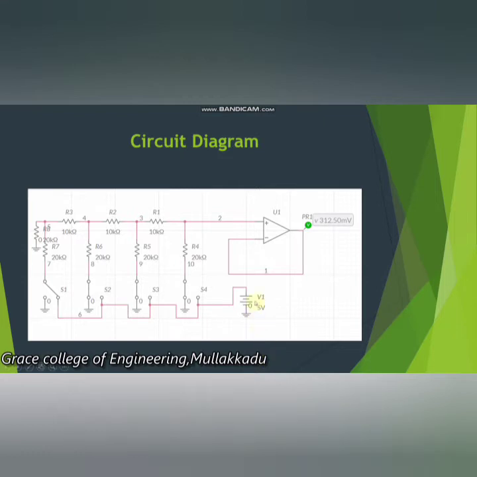Here the reference voltage is taken as 5 volts. In order to give 0 as a digital input, we should connect the corresponding switch to the ground position. If we want to give 1 as a digital input, then we have to connect the corresponding switch to the V reference, that is 5 volts.